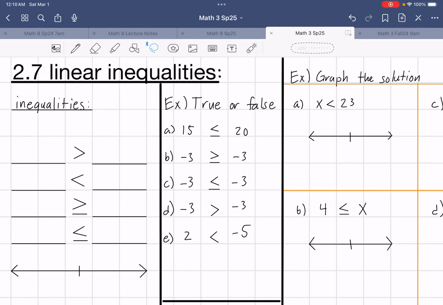Let's look at 2.7 linear inequalities. Now, hopefully we remember our inequality symbols. And each one of these, I'm sure some of you might remember, some of you don't, it's perfectly okay, would have a different name just because of the direction of the symbol, depending on what side it was pointing: greater than, less than, greater than or equal to, or less than or equal to.